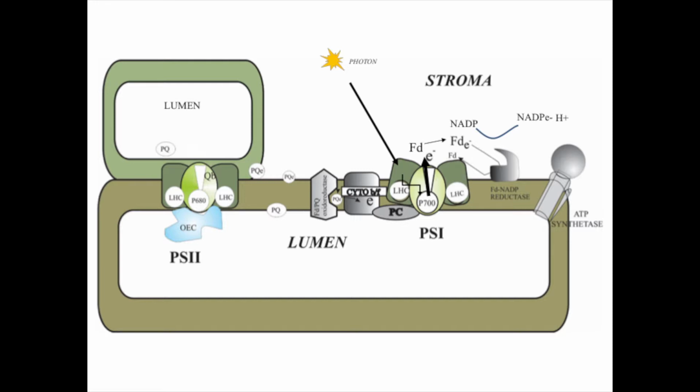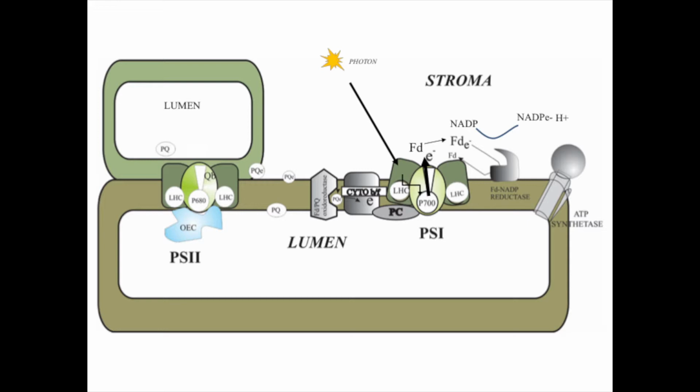This excited electron is quickly taken away by electron carrier proteins in the photosystem and is transported to the outer stromal side of the photosystem. Here, ferredoxin, Fd, takes the electron because it has a stronger affinity for the electron than the carriers in the photosystems.